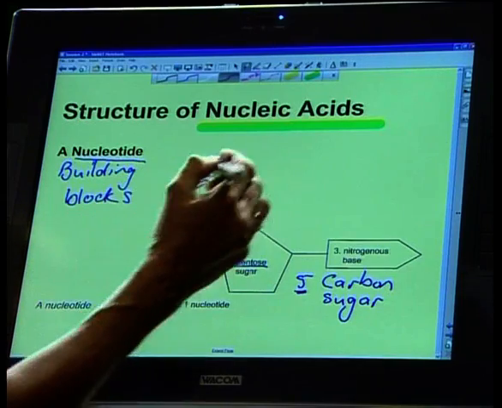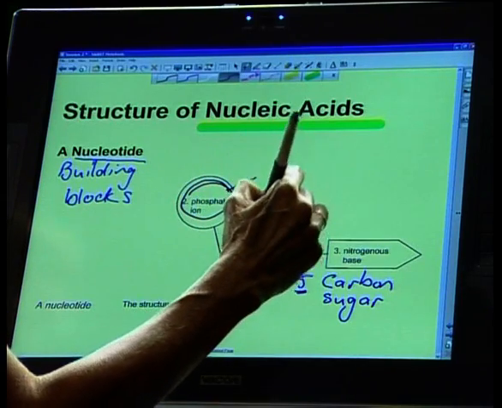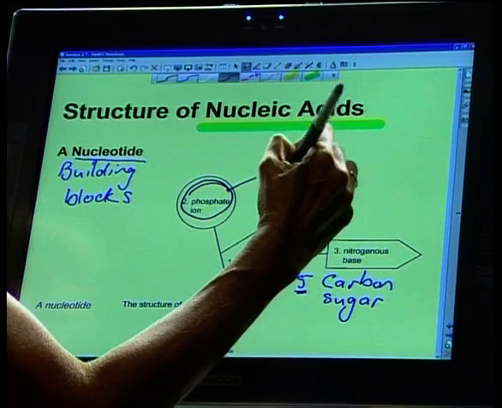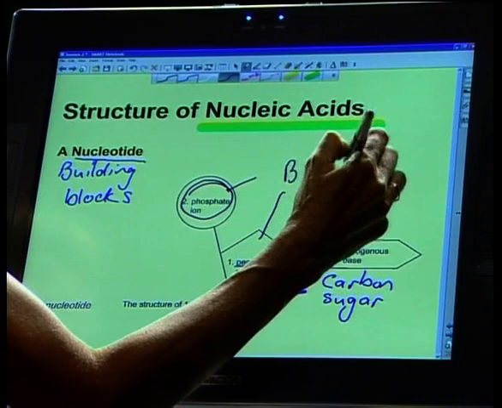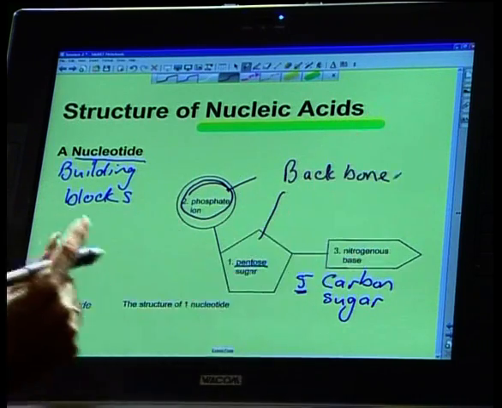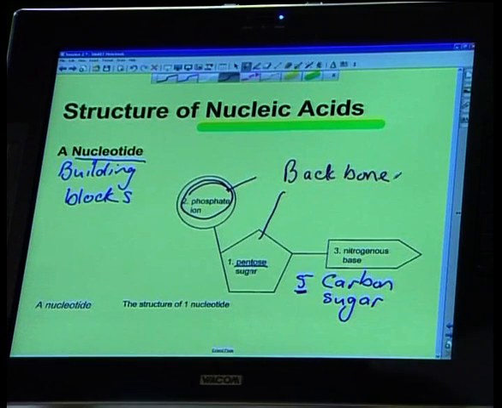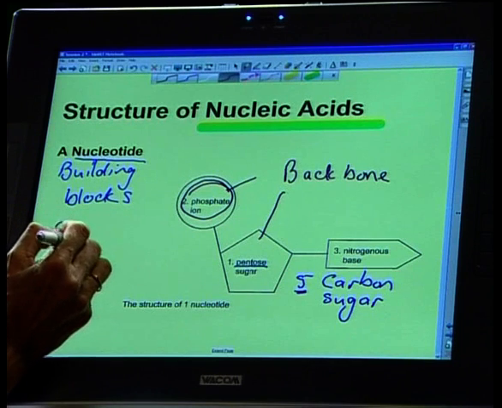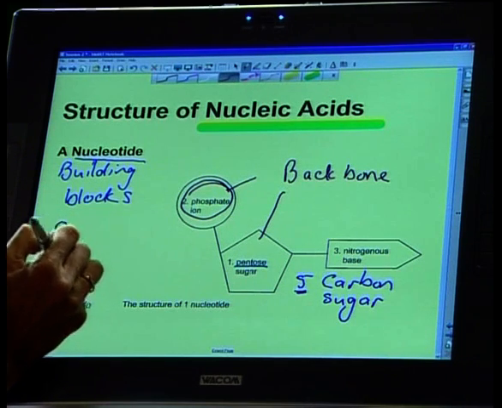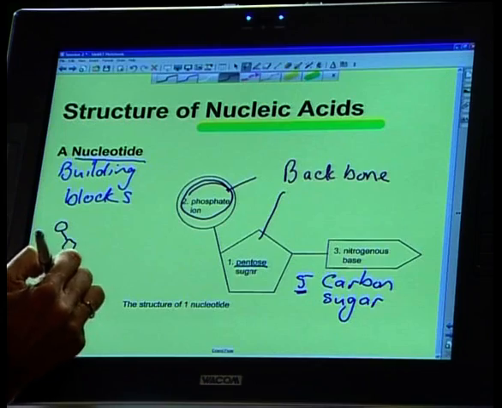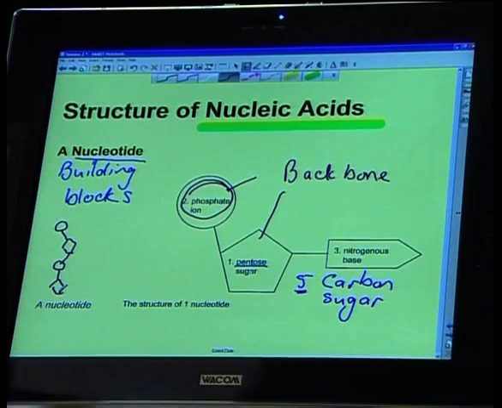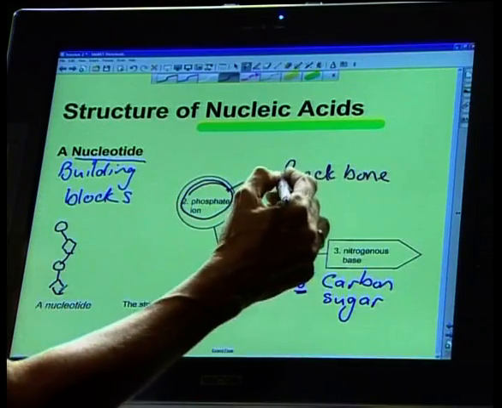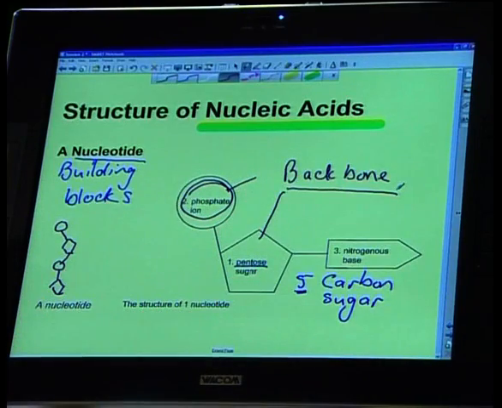Now this phosphate ion and the pentose sugar form what is called the backbone of the nucleic acid. So you would have, for example, a phosphate, pentose sugar, phosphate, pentose sugar, and we're going to do a nucleic strand or chain now, but they form the backbone of all nucleic acids.